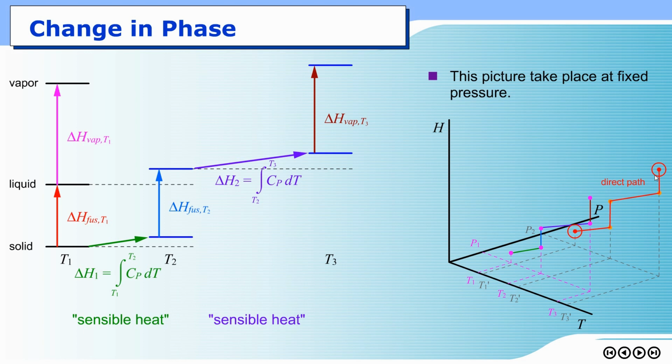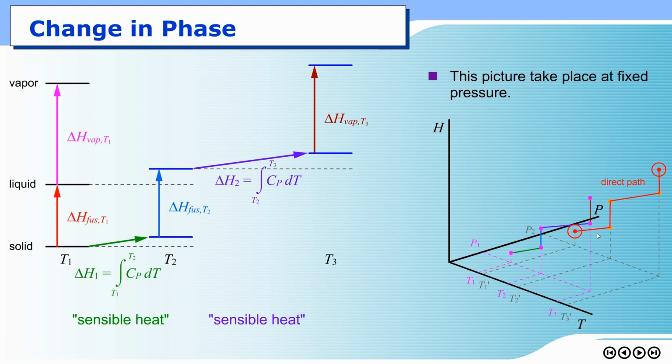The problem is that normally latent heat of vaporization or latent heat of fusion are available only under atmospheric pressure, or 1 bar, the standard value. So the value here at another pressure, maybe I want to calculate under 10 bars, the value of heat of fusion and heat of vaporization at 10 bars are not available. So we cannot calculate through this direct path.